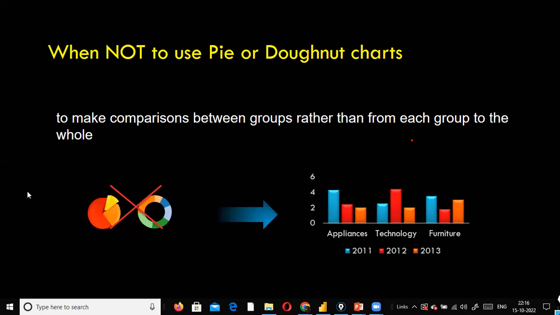A pie chart is basically to understand the part to whole relationship. For example, the market share. Let's say you work with an e-commerce company, right? They wanted to understand the market share. So what is the market share of Amazon, what is the market share of Flipkart, what is the market share of Target?